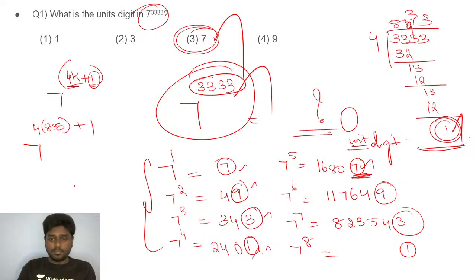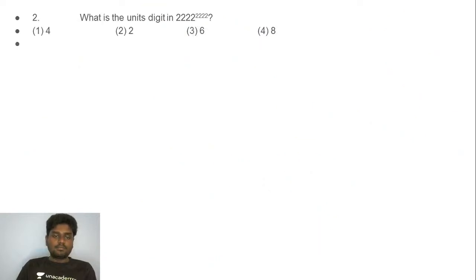Whatever the case may be, I know the fact that every 4 terms the unit digits get repeated, right? So if that is the case, 833 4-term cycles get over and a fresh new term starts. So if a new term starts, the unit digit should be 7 ultimately. That's it. Very simple question.